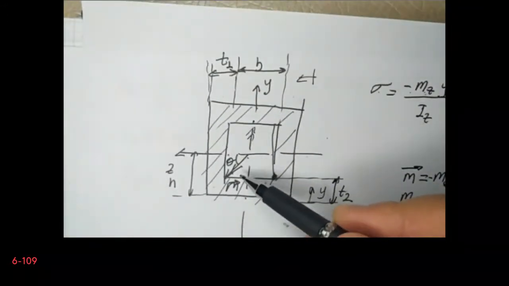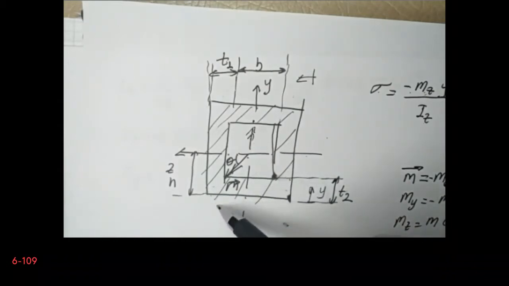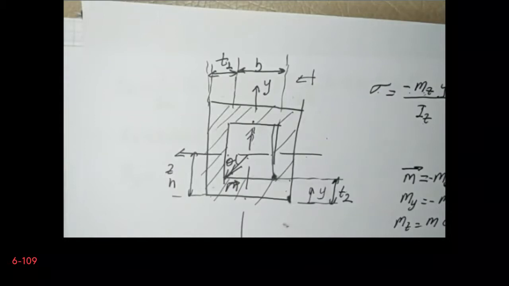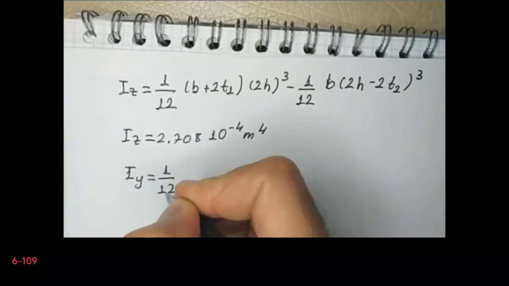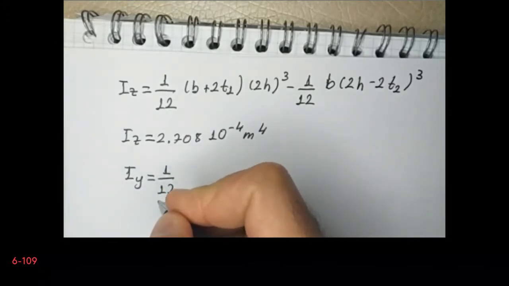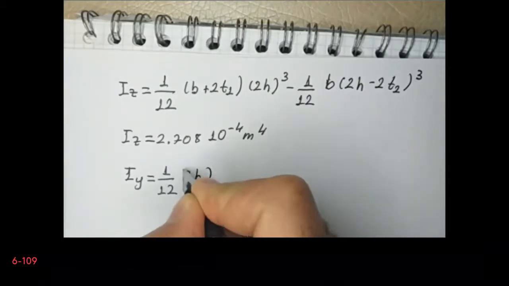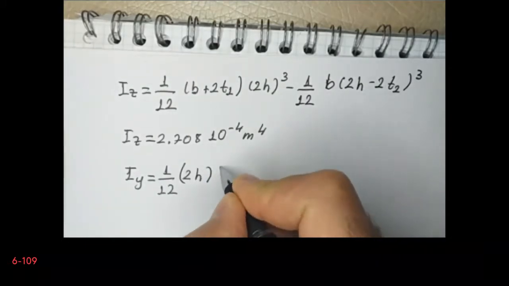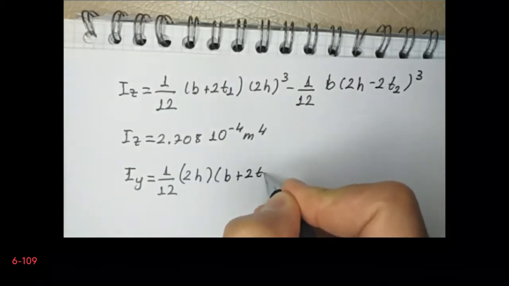So therefore now the height of the rectangle is this region. So it is 1/12 multiplied by the edge length of the base, so that is 2h, multiplied by the cube of the height, so that is B plus 2T1 cubed.